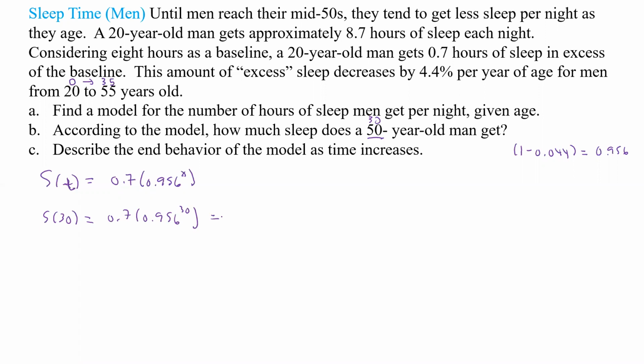So 0.7 times 0.956 to the 30, and we get 0.1814. And this is going to be hours of excess sleep per night.